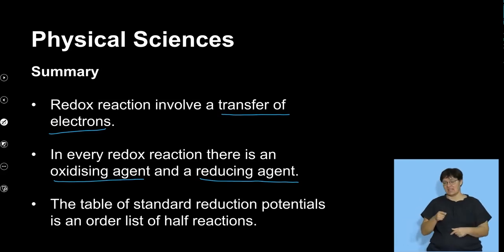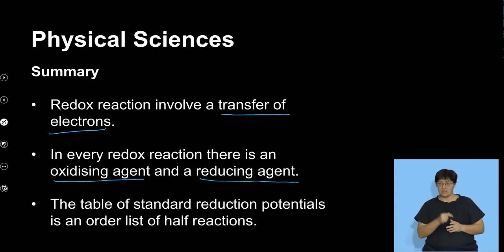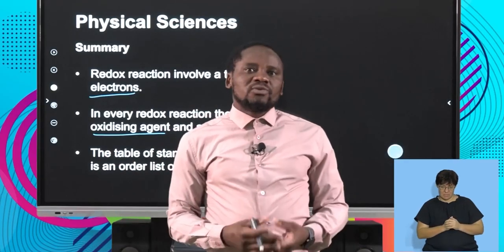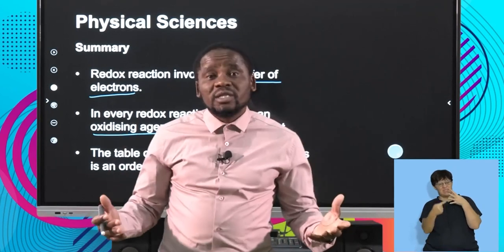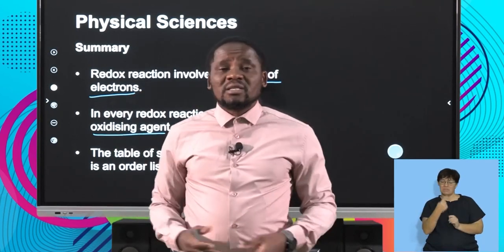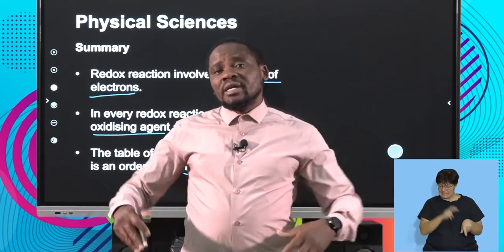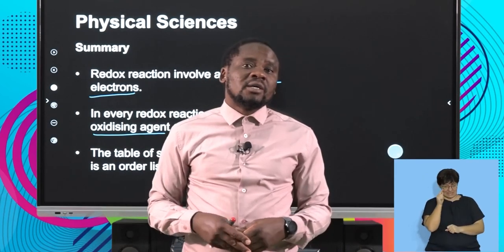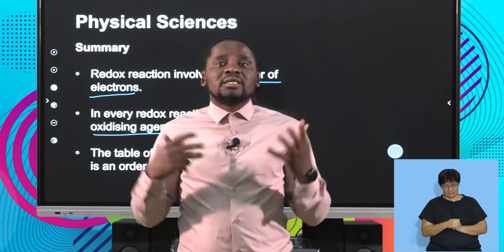Overall, the table of the standard reduction potential is an ordered list of these half reactions in terms of oxidizing agent and reducing agent. Beyond these few examples that we have used, it's very important to emphasize that a lot of practice will go a long way in terms of getting to grips with and understanding the concept behind what happens in a typical redox reaction.